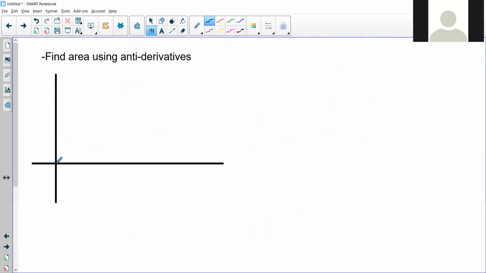Let's say this is going to look like this. So it's straight when you get up there and then curves. So we're going to say this part of the equation is going to be y equals 2x.